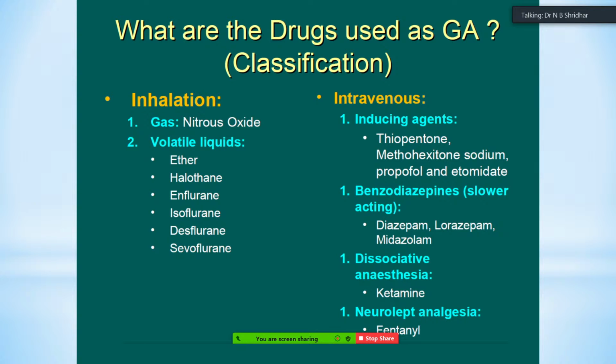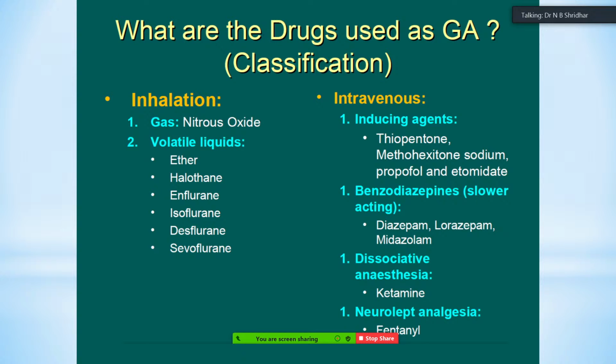Intravenous anesthetics are induced by a variety of drugs like thiopentone sodium, methohexitone sodium, propofol, and etomidate, and all these are administered through the veins.